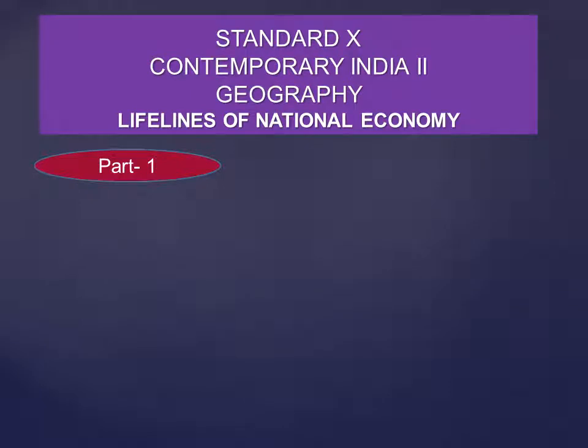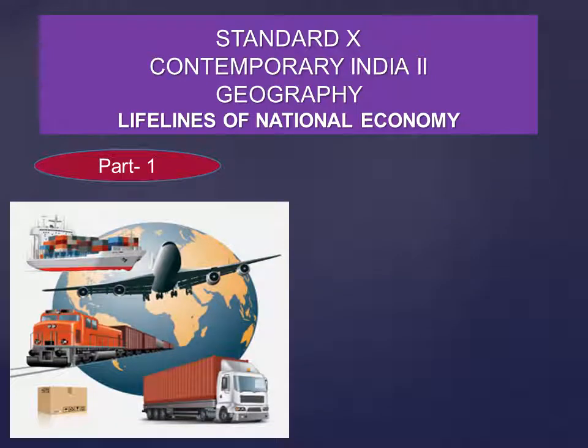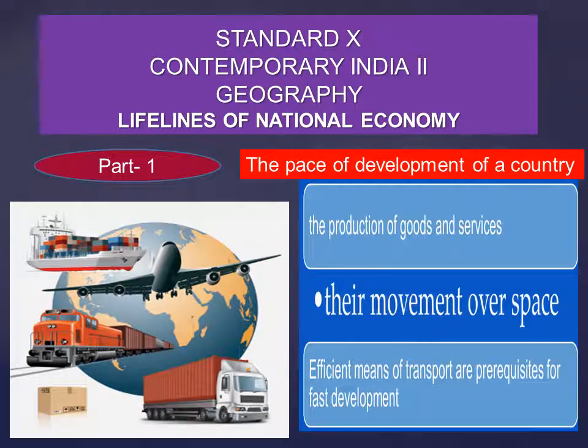In this lesson, we are going to see the lifelines of a national economy, which is the pace of development of a country. The production of goods and services and their movement over space and efficient means of transport are prerequisites for fast development.